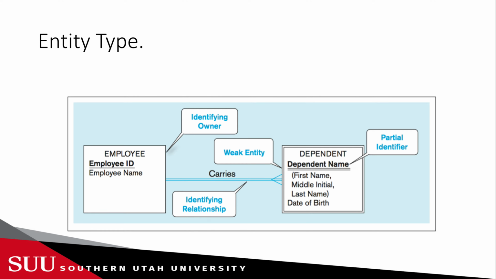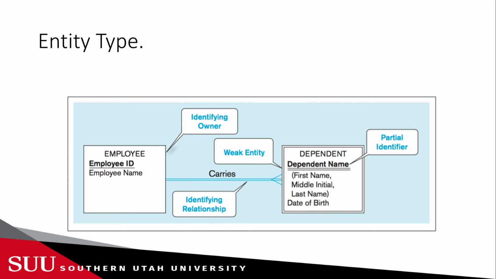In the previous video, we started talking about entities and we covered the weak entity type and the strong entity type. We gave the employee and dependent example. Another example would be building and room. If I have building number one, then I can assign rooms for that building.